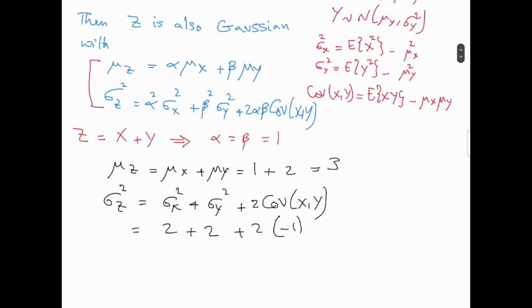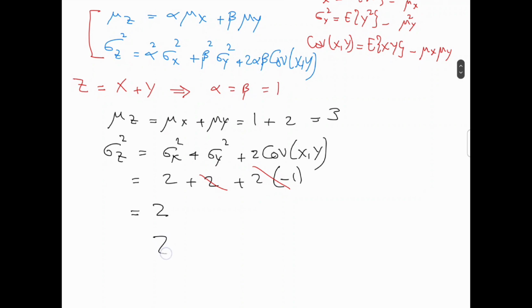So we can see that 2 minus 2 cancels out, and the answer is just equal to 2. So it's clear that z, the random variable, is Gaussian with mean 3 and variance 2.